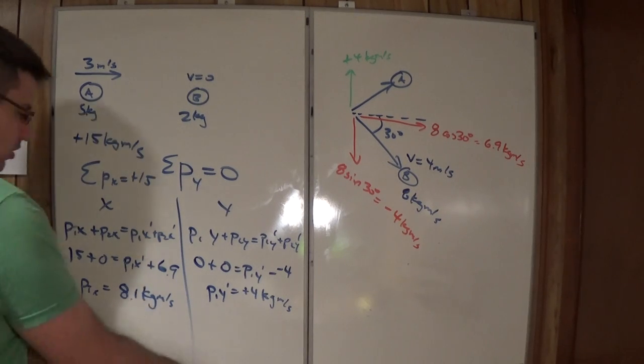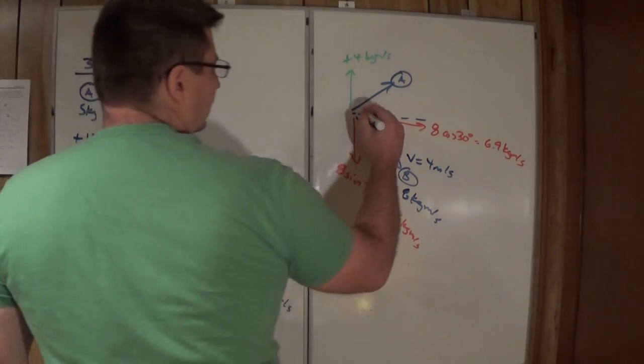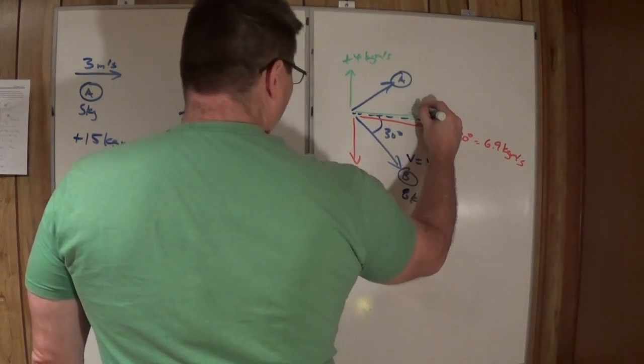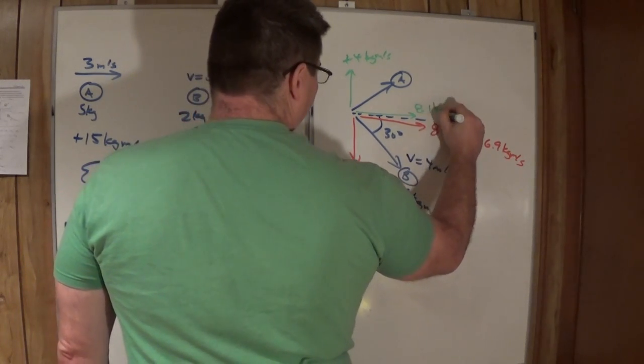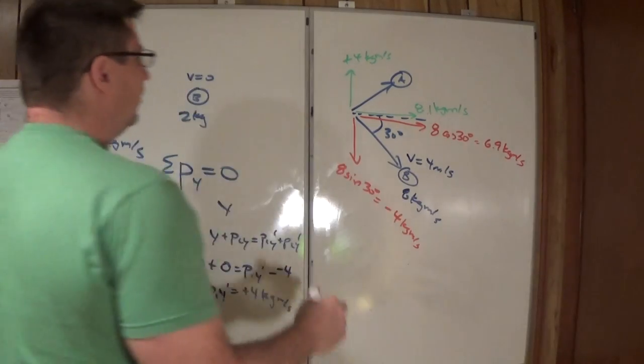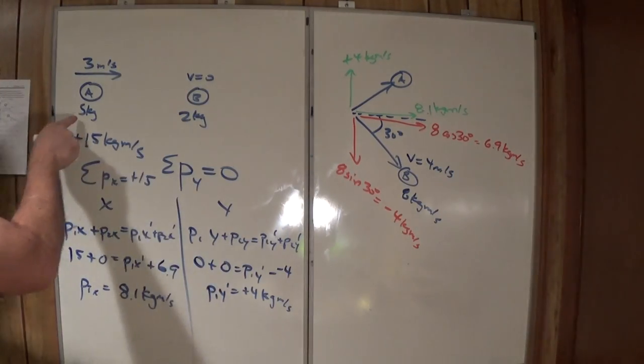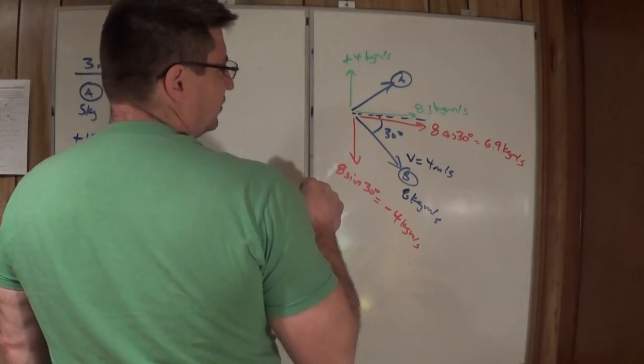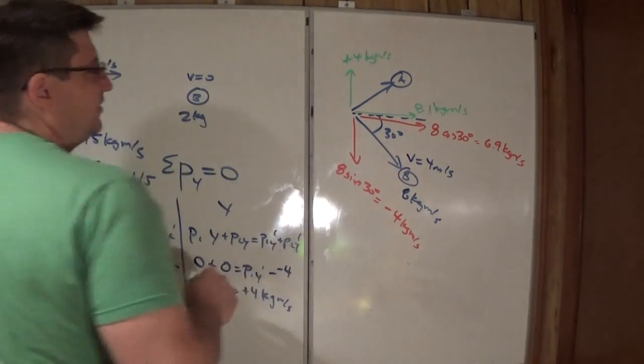So now we know that this guy's momentum in this direction was 8.1 kilogram meter per second. There were 15 units in this direction, and there are 15 units in that direction still, and 0 units in this direction.